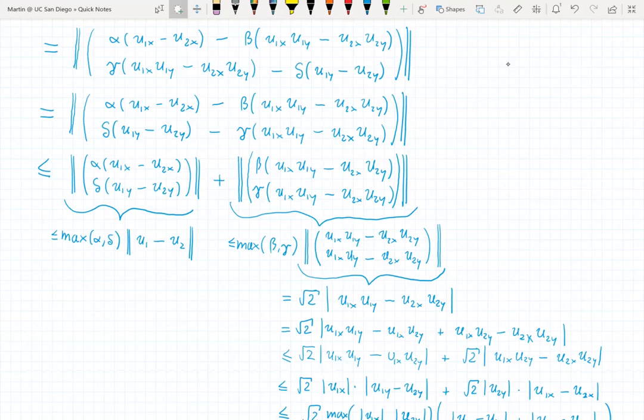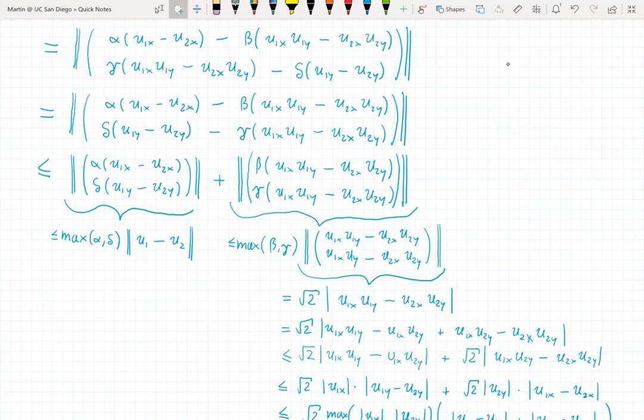So I regroup the coefficients, and if I multiply the second component of the vector with -1, which does not change the Euclidean norm, then I see that I've got two terms associated with alpha and delta, which look very similar, and two terms associated with beta and gamma, respectively, that look very similar. So to estimate this Euclidean norm from above, I apply the triangle inequality.